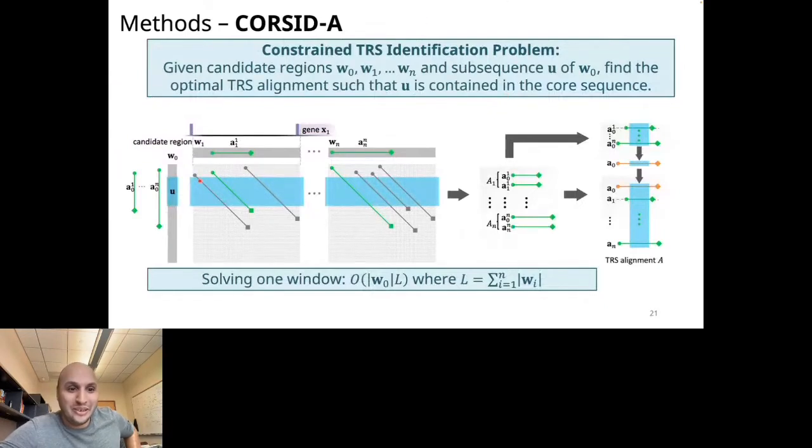This little cartoon shows you how we solve it. For a fixed window U, we can solve n pairwise alignment problems, and each pairwise alignment problem is subject to the constraint that U is spanned.